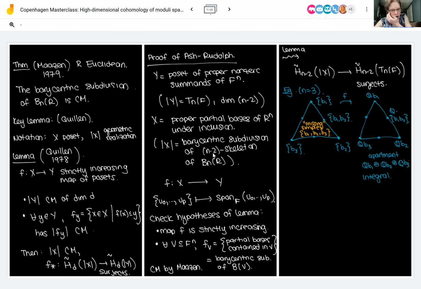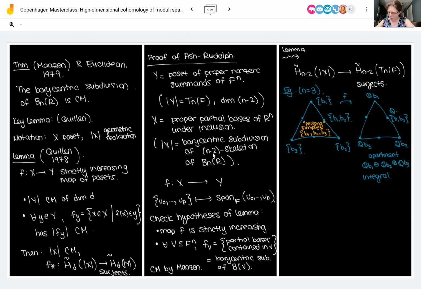Our instinct might be that because the partial basis complex was n-2 connected, then maybe the n-2 skeleton of this complex has homology generated by the boundaries of all these deleted simplices. If that were the case, we'd be done. And that is the case.